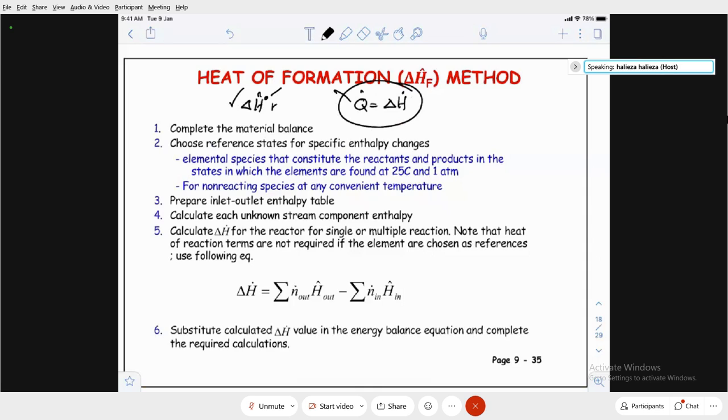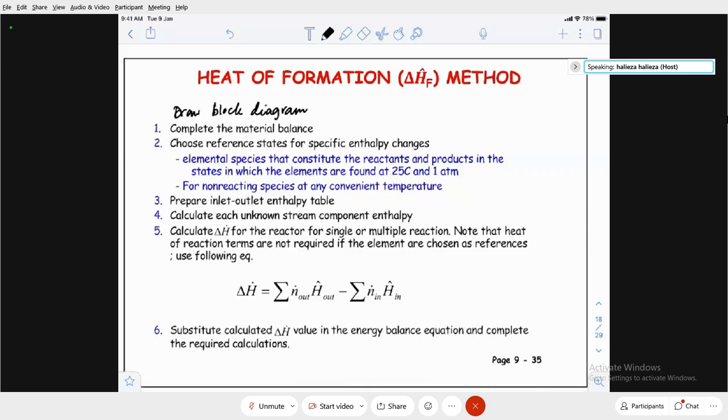So the method, the procedure to do your energy balance. First thing first, I did not write it here, but obviously you need to draw your block diagram. Do not be fanciful.